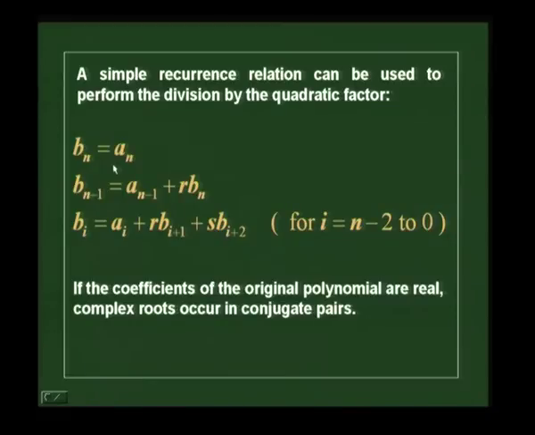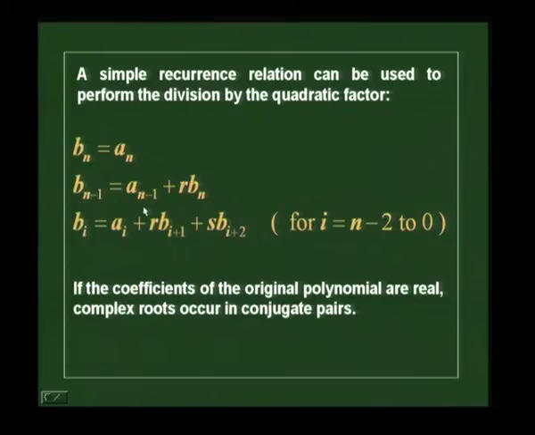So we are writing that bn is equal to an, that is, the coefficient of the x to the power n term is the same as the coefficient of the x to the power of n minus 2 term obtained after dividing the nth order polynomial by a quadratic polynomial.